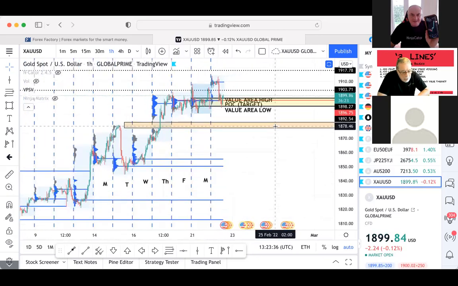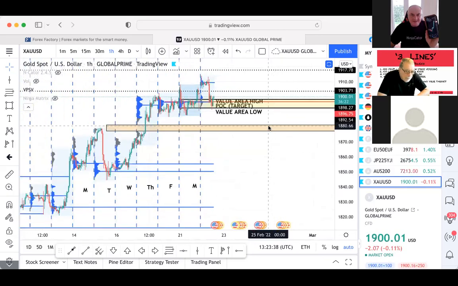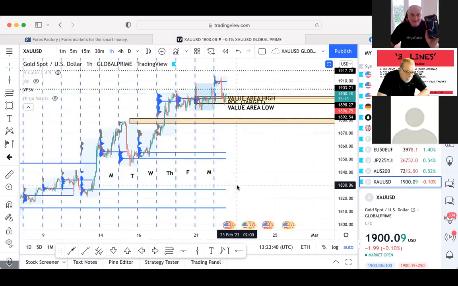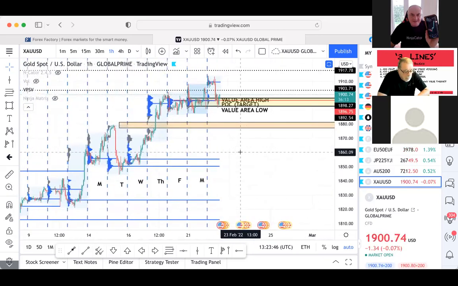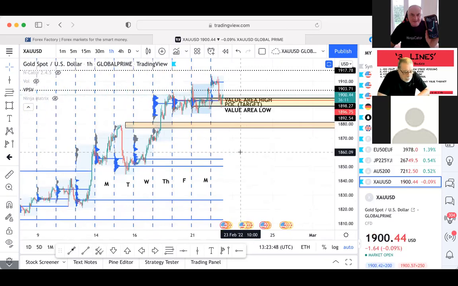But what you've got to bear in mind is that it could be months before price returns to any of these points. We just don't know when it's going to return. We can be fairly sure it will return.